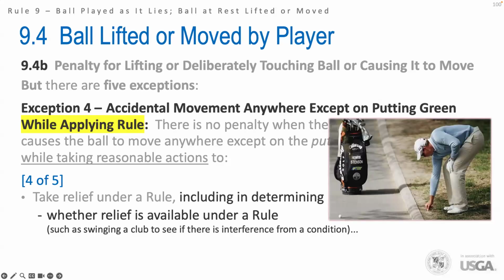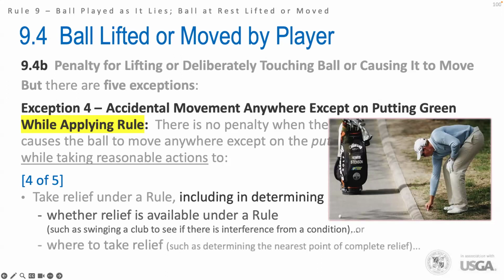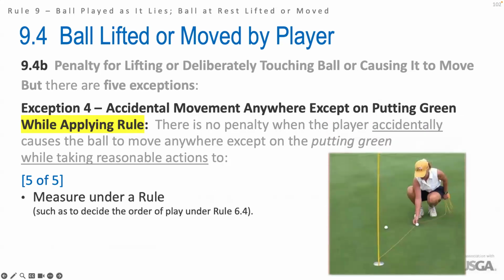Maybe if you're swinging your club to see if there's interference from a condition, you accidentally hit your golf ball. We're not going to be on the hook there for a penalty. Or where to take relief, maybe you're trying to determine nearest point of complete relief. Finally, under this exception for measuring under a rule.